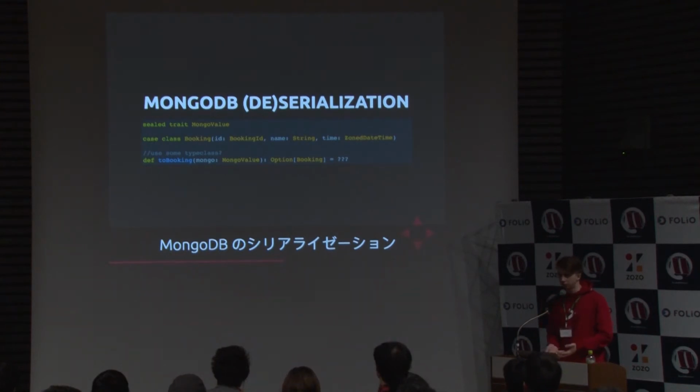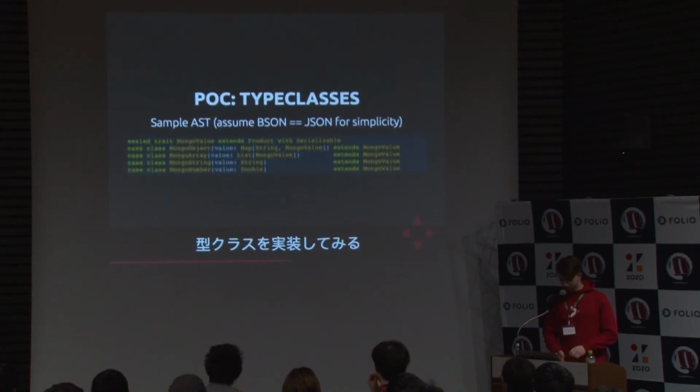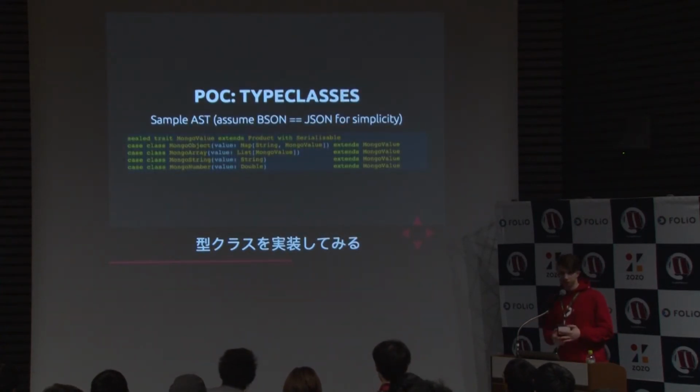We could just throw an exception, of course, but let's say we want to be monadic this time. So for the example, let's just assume that BSON, the underlying data format of Mongo, is exactly JSON, just to be simple enough. So MongoValue will have 4 types underneath. A MongoObject, which will be just like a map of strings and MongoValues. A MongoArray, which will be just a list of MongoValues, or just a string or a number underneath.